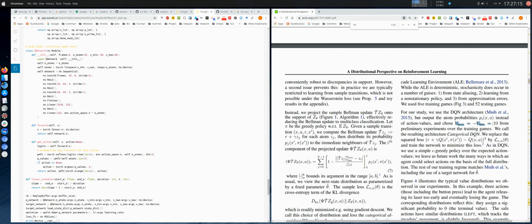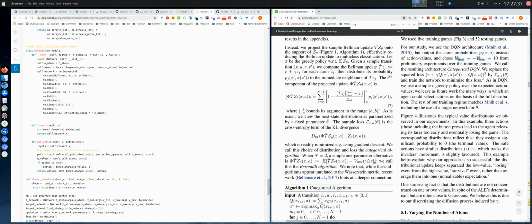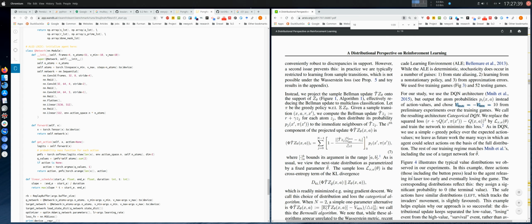Theoretically, your value really should be, on average, in Pong, the Vmax should be 20 and Vmin should be negative 20. And if you're in something like Breakout, your Vmin should be 0 and Vmax should be, I don't know, something like a couple hundred. So it's really not clear why setting such a dummy number would work.